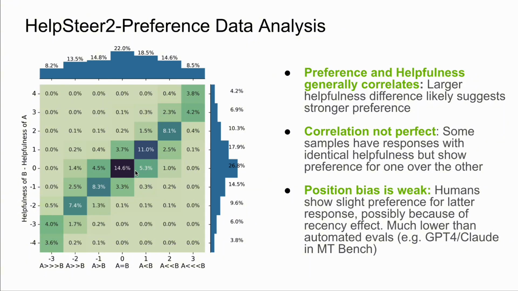The other thing we can see from this plot is that the position bias is pretty weak. If you look at some of the earlier papers, for example the MT-Bench paper, you will see that it strongly prefers the second response. But here I think there's only a very, very slight preference for the second response.